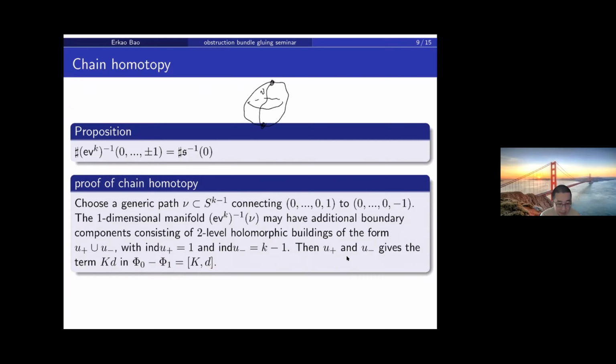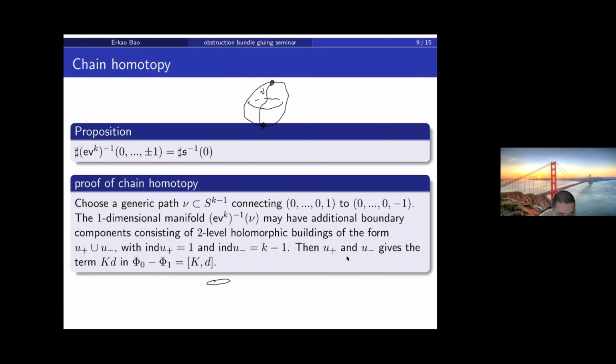And so you may wonder, if there's no additional boundary component, that means all the zeros cancel out. So that's even better. So there's phi 0 minus phi 1 equals 0. So that's also good. But there might be additional boundary components.